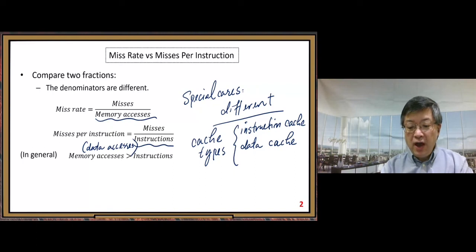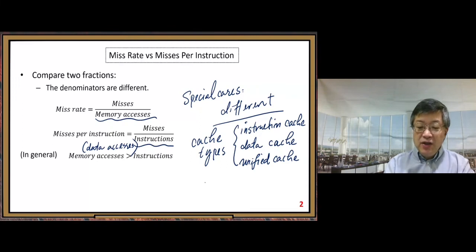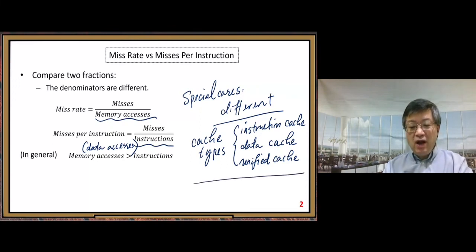Then the third type we call unified cache. This cache stores both instructions and data items. So you can see all these different types.